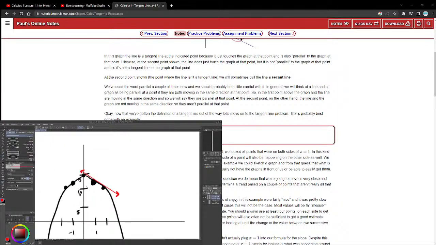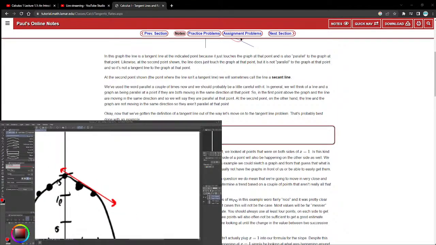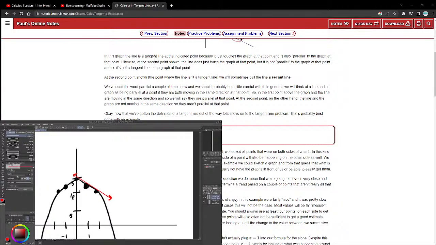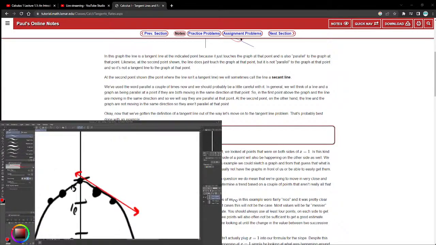And then we want to find a point that's very close to this.